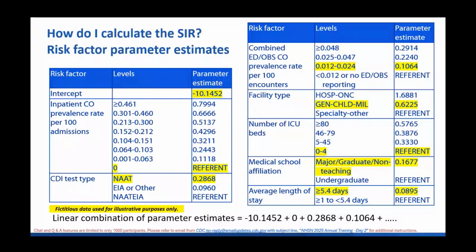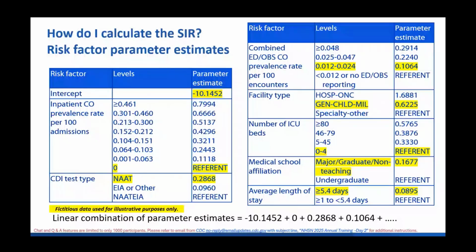And here we're going to look at the highlighted rows. Based on the last slide, all we have to do is find out what level each variable falls in. So we've highlighted the intercept. Remember, that's going to be used for all of our calculations. Our fictitious example had a 0 rate for CO prevalence rate, so it's highlighted there and given the referent. Remember, the referent just means 0. The CDI test type was the NAAT, and it's given that estimate, and we can work our way down.